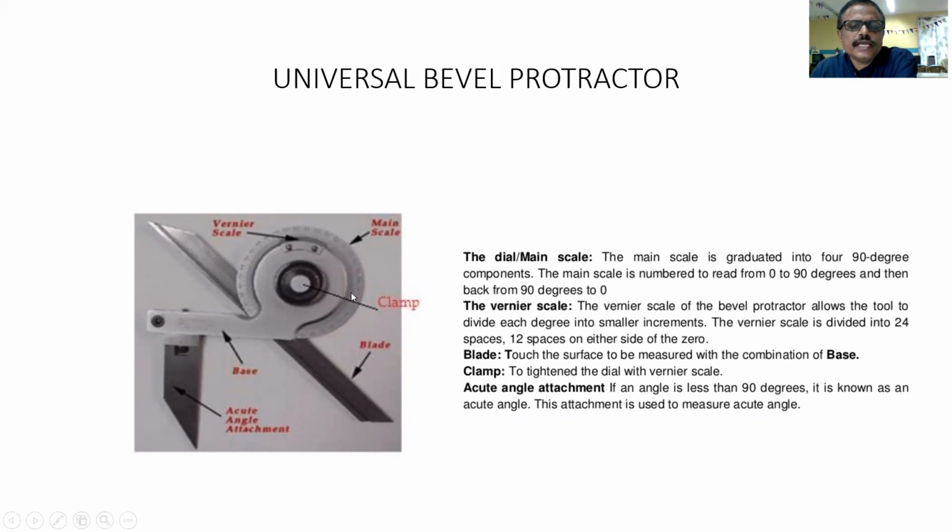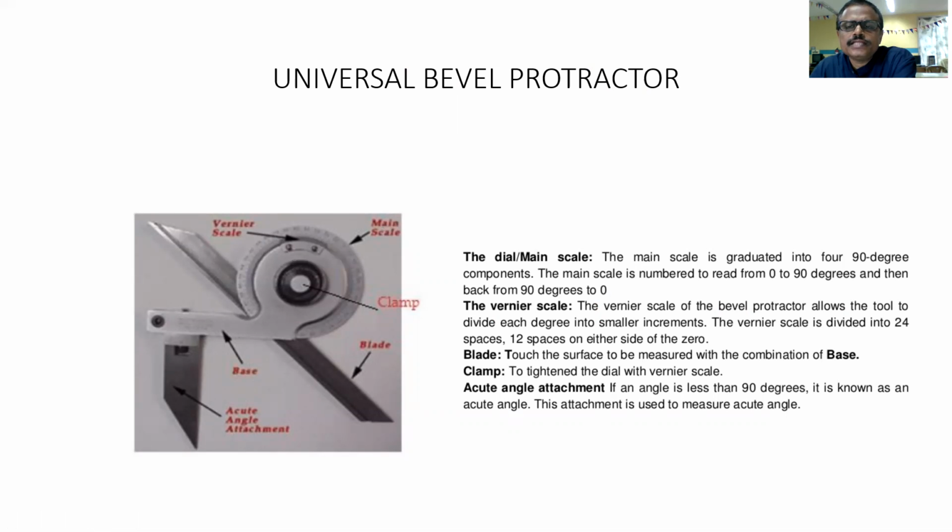It is also called the dial because of its round-like appearance. The main scale is graduated into four 90 degree compartments. So that means you can measure angles from 0 to 360 degrees.